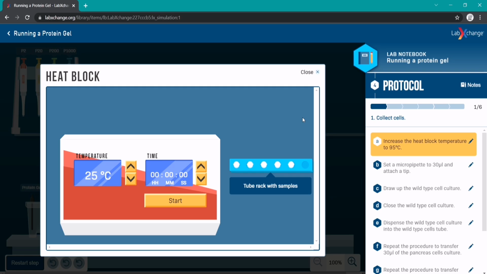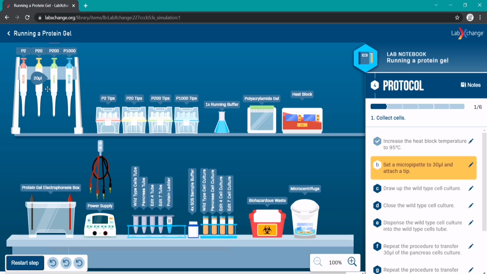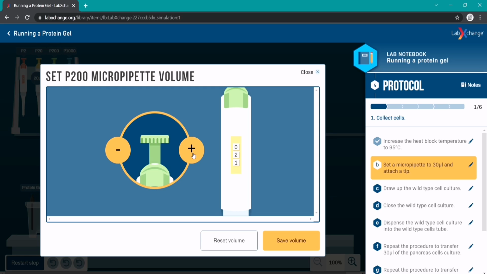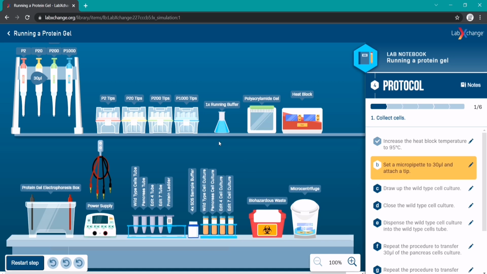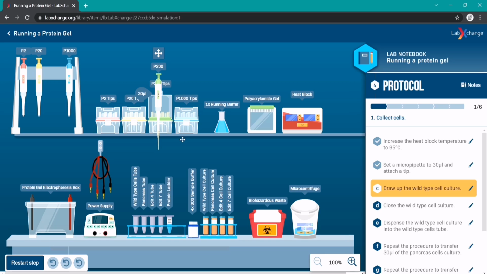Firstly, increase the heat block temperature to 95 degrees Celsius. Set a micropipette to 30 and attach a tip. And then draw up the wild type cell culture.